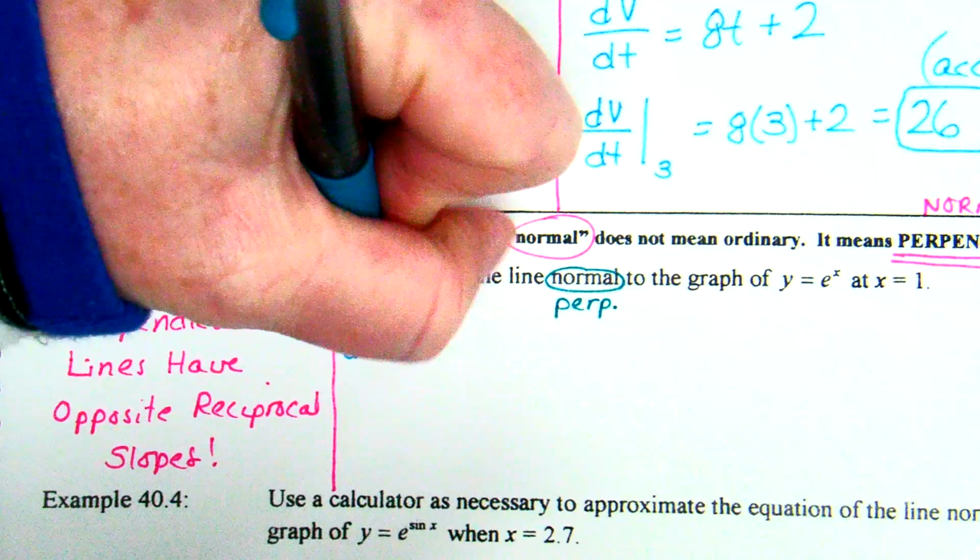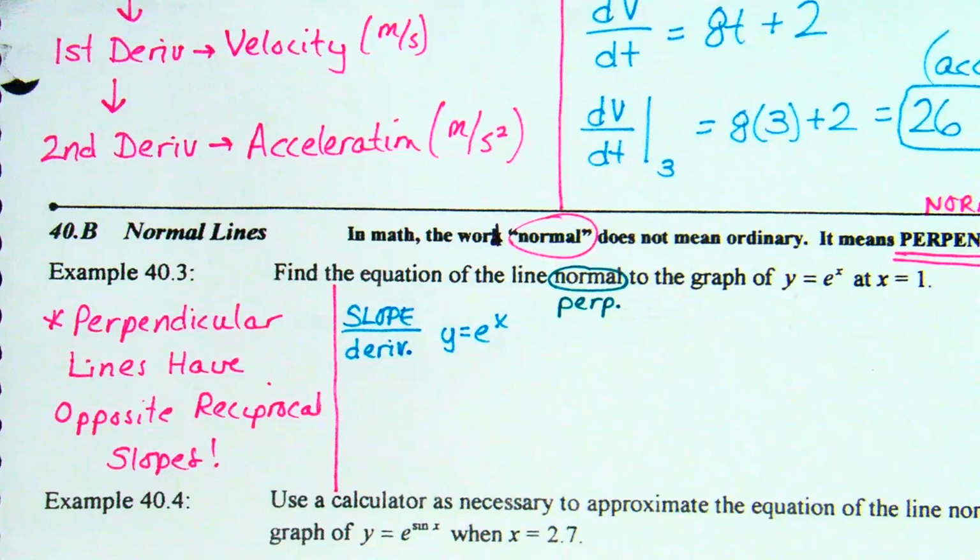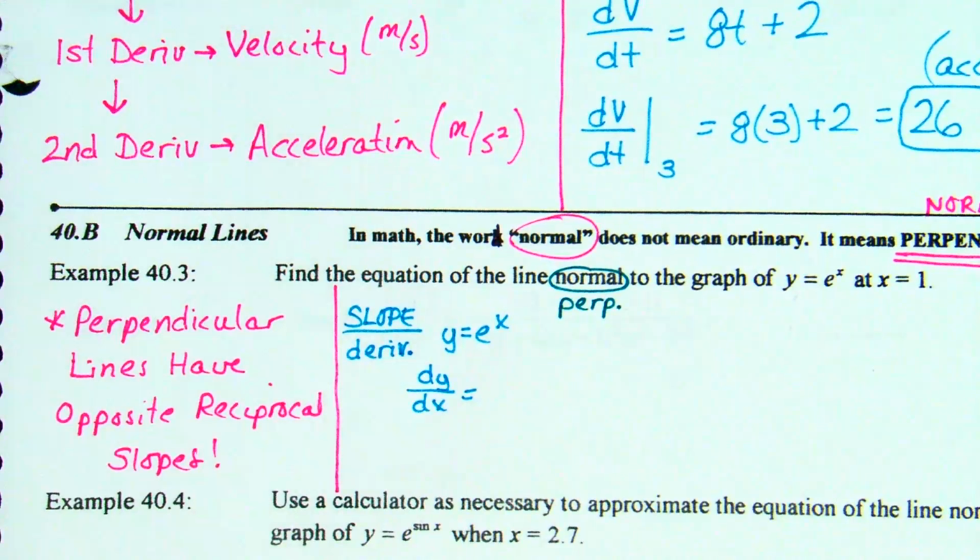If we're given the equation y equals e to the x, what's the derivative of that? Derivative of e to the x is e to the x, yes? So y is e to the x, and dy dx is e to the x. Now, specifically, where do we need to know the slope of this line at?